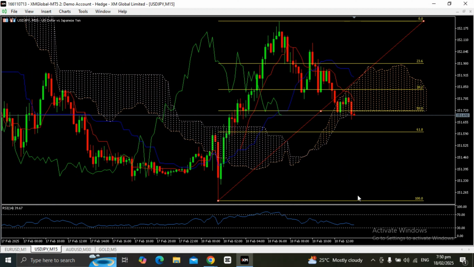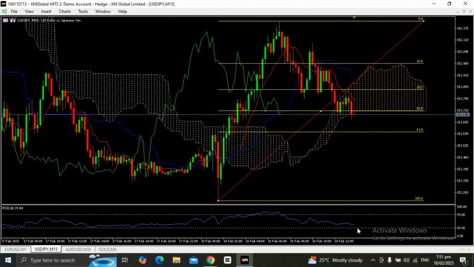Also, you will consider the RSI, Relative Strength Index, which is currently at 40. Now there are two lines we can see here, the 70 and the 30. If the RSI is near or below 30, it means that there are lesser and lesser sellers.